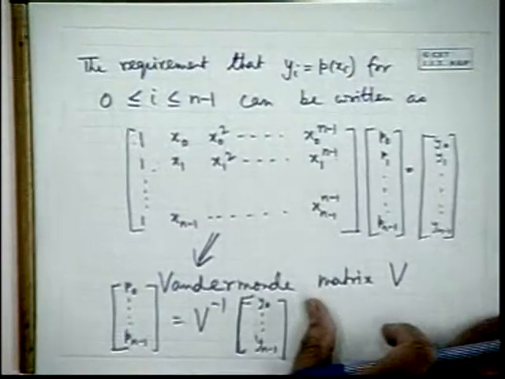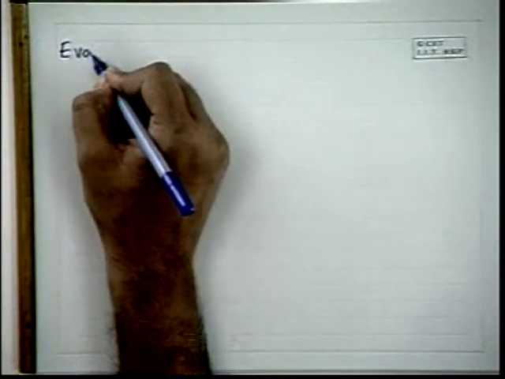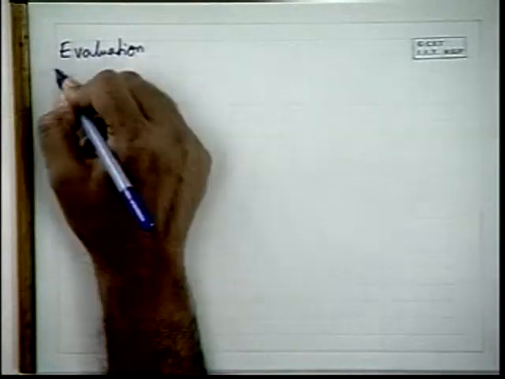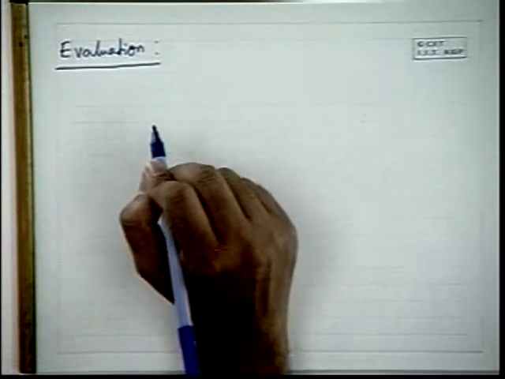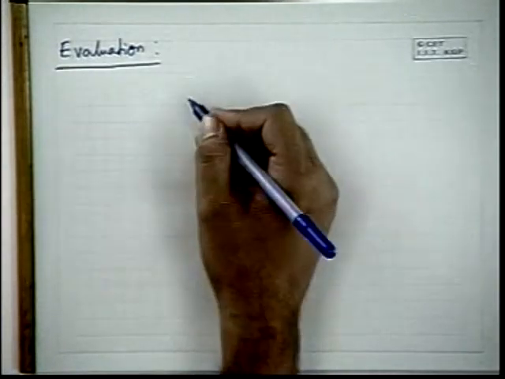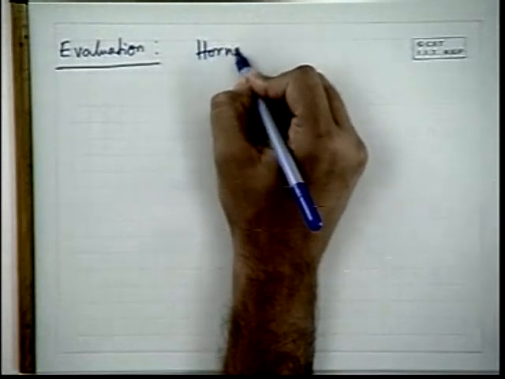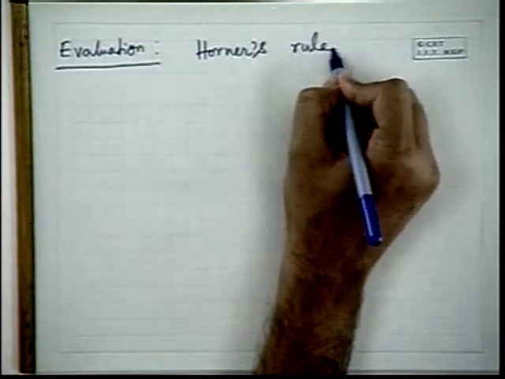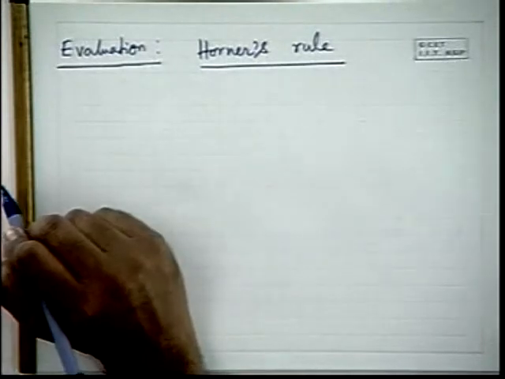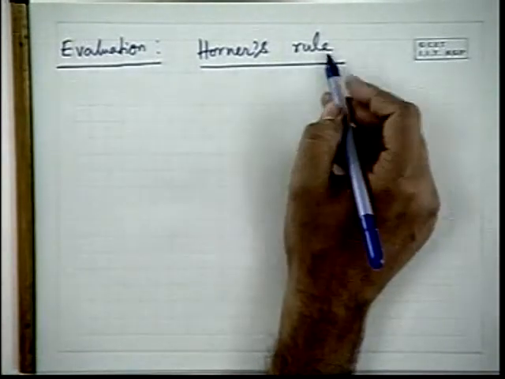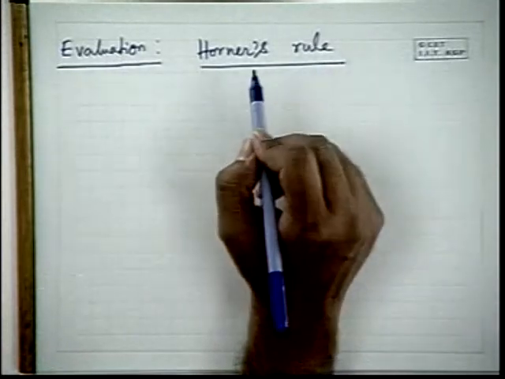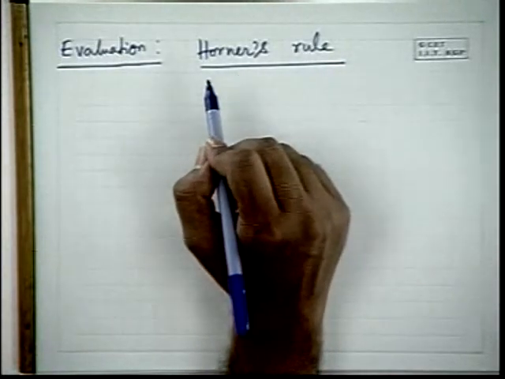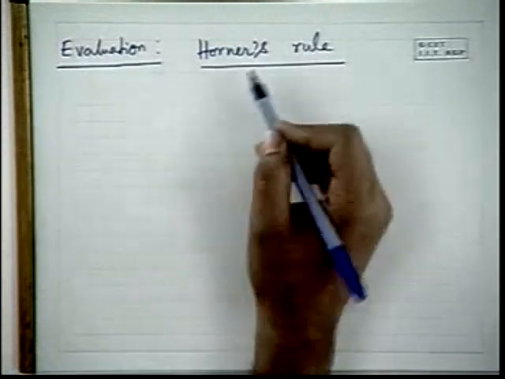Now this is point value representation. But to get the values of a polynomial at certain points, we need the next operation, which is called evaluation. For evaluation, there is a very popular technique called Horner's rule. Horner's rule reduces the number of operations, not in terms of order-wise complexity, but in terms of the actual operations.